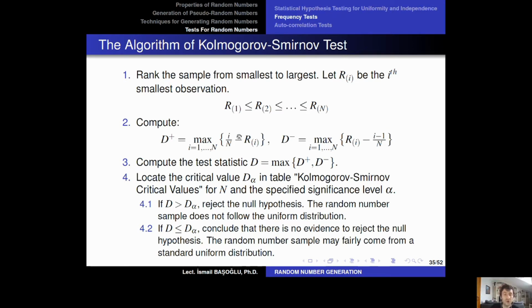Now, I am going to calculate i over n minus R(i) values for each i, from 1 to n, and I will find the maximum of these values, and I will call it d plus. And then I will calculate R(i) minus (i minus 1) over n values for each i from 1 to n, and I will calculate the maximum of them, and I will call that d minus.